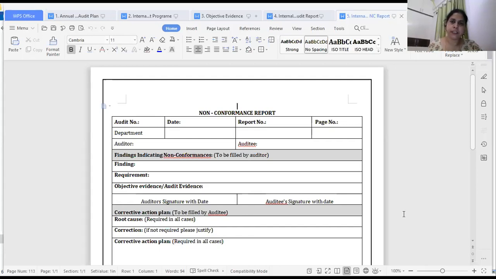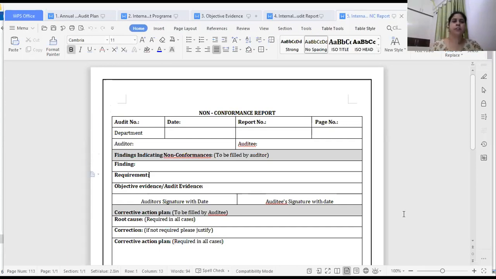If non-conformances continue, then 3 non-conformances will say that the process owner is not working properly. A strategy is to be drawn: either you change the process owner or you take some strong decisions to make the process work properly.